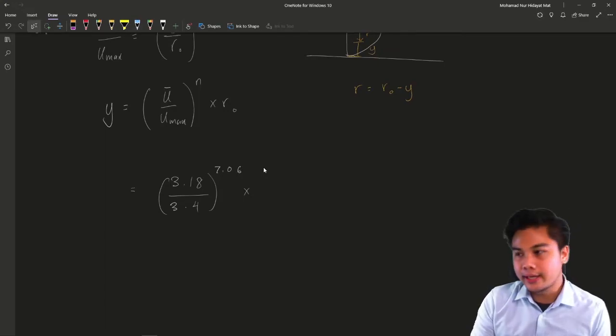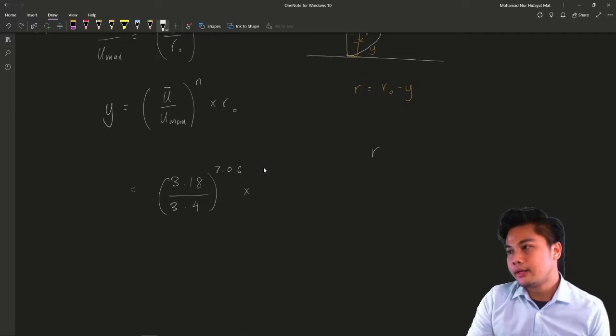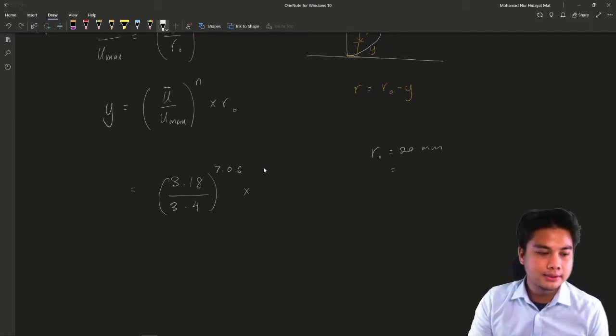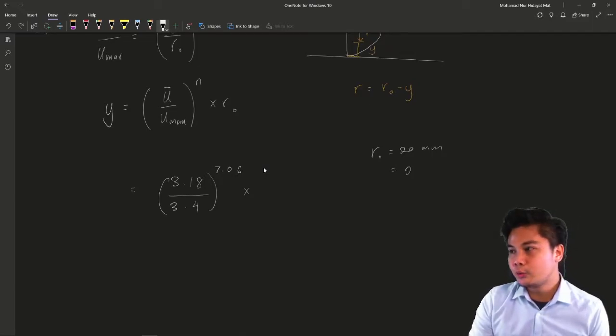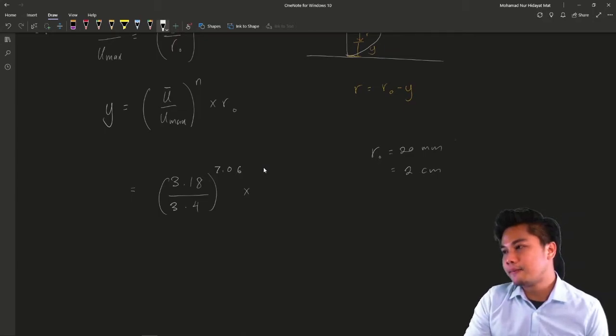Radius equals 20 millimeter. To convert into centimeter, it becomes 2 centimeter. How to do that? This is 20 multiplied with 10 to the power of negative 3.